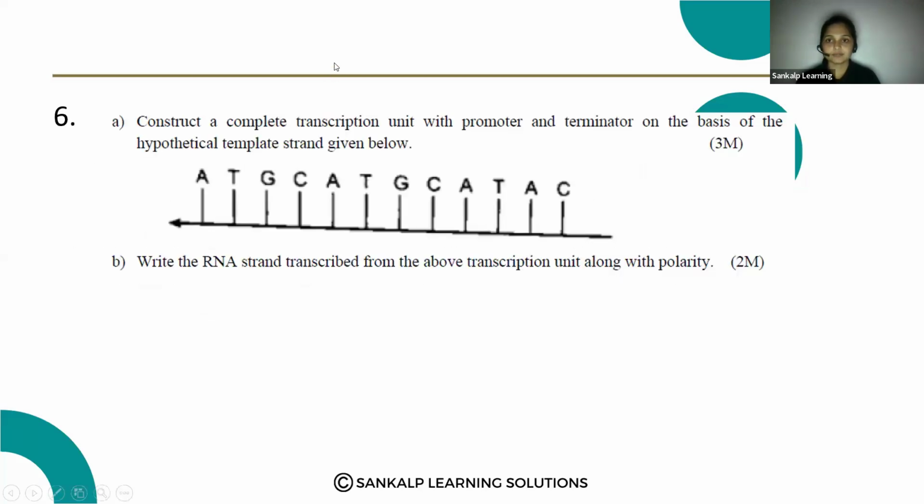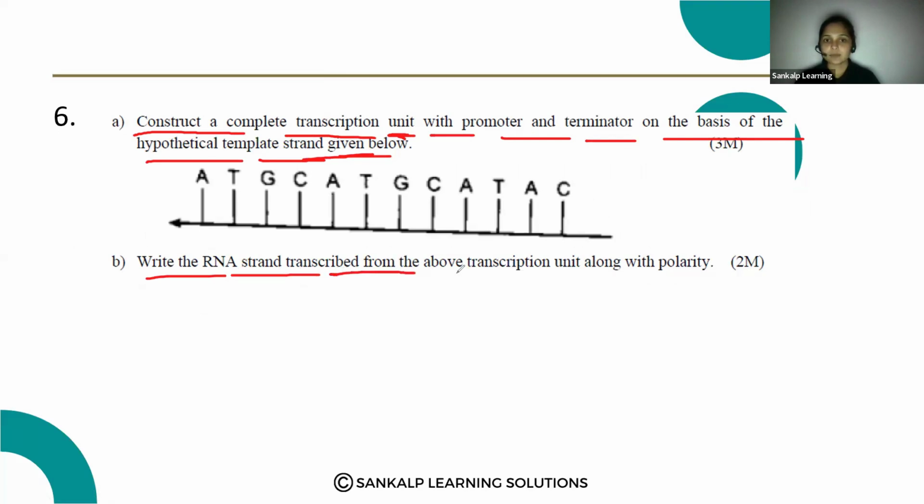Next question. Construct a complete transcription unit with promoter and terminator on the basis of the hypothetical template strand given below, and write the RNA strand transcribed from the above transcription unit along with the polarity.